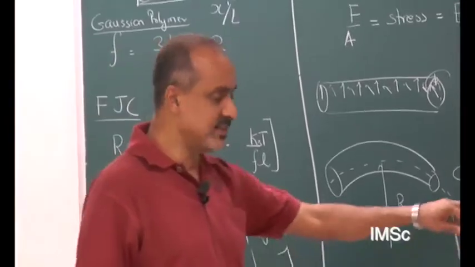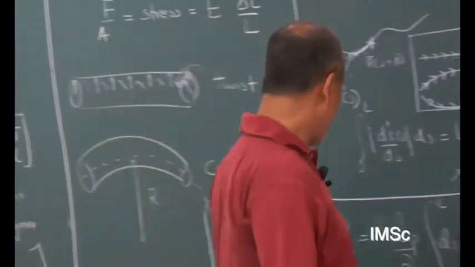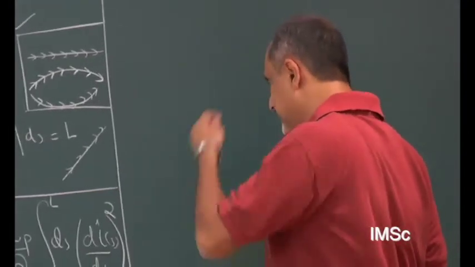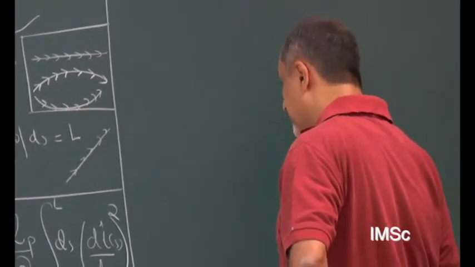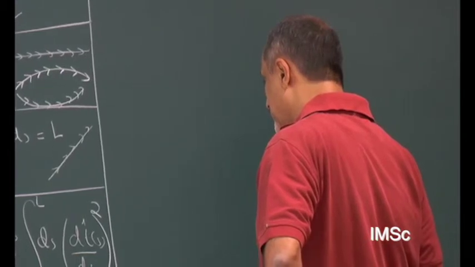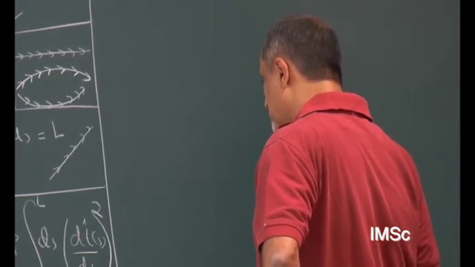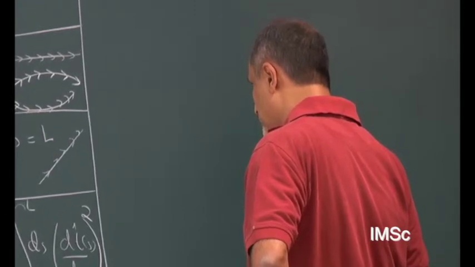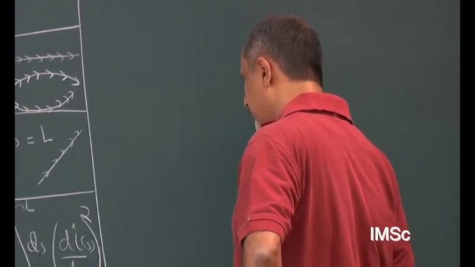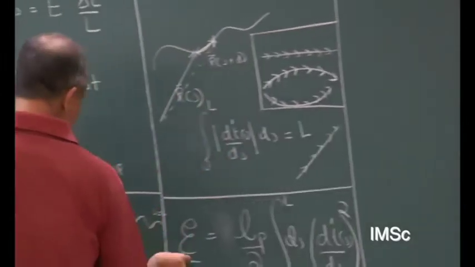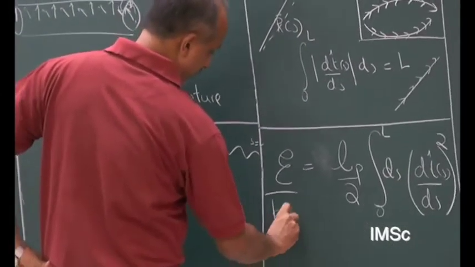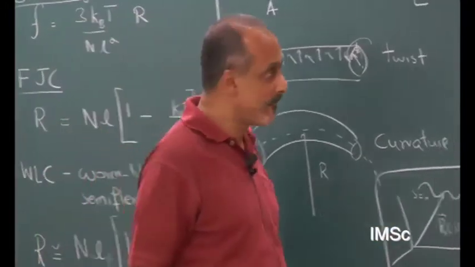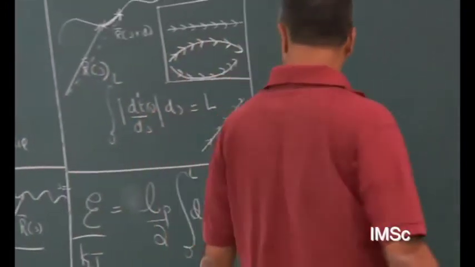So this is the form that it actually has to take. Have I made a mistake there? I think it's E divided by kBT here. That is Lp by 2 times that particular form there. We can go back and check that this is right a little later.